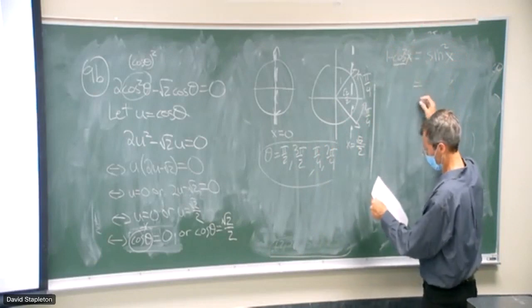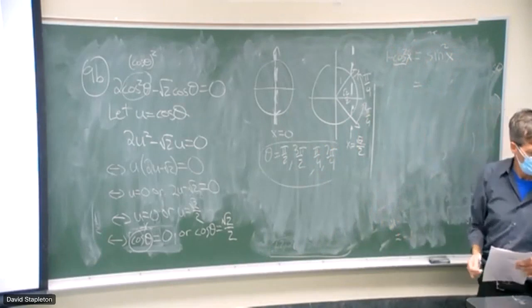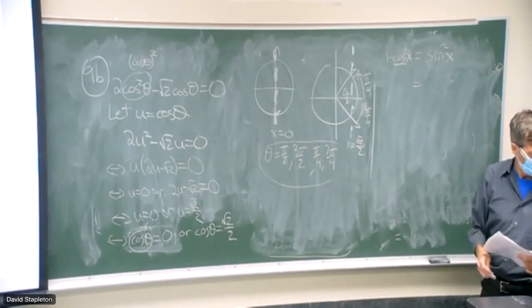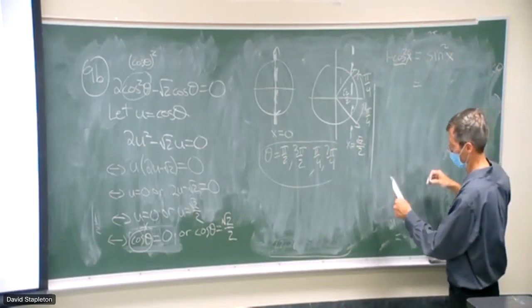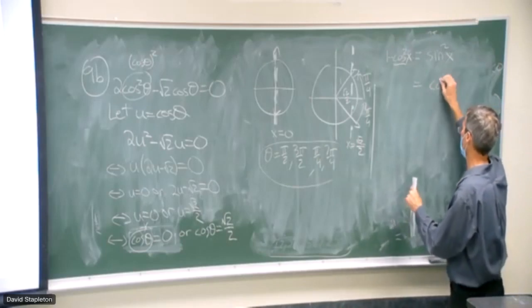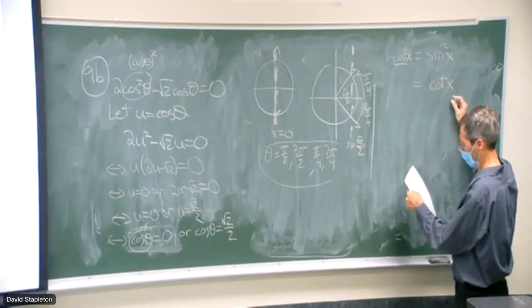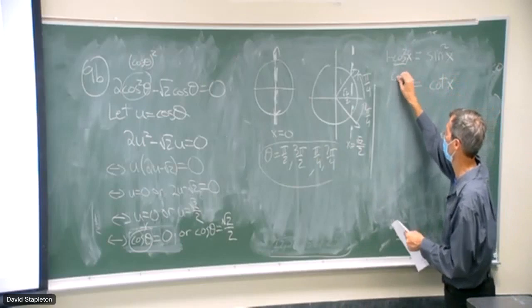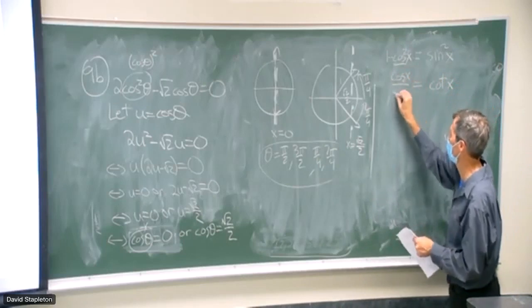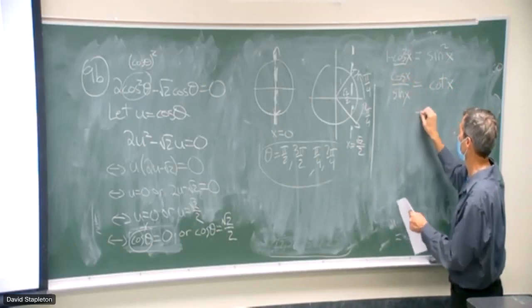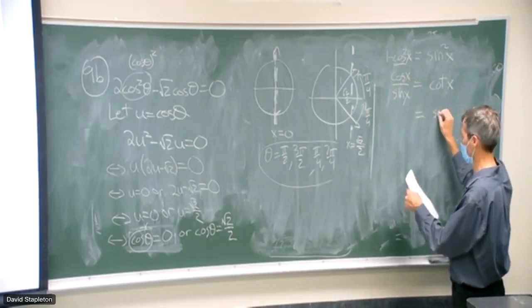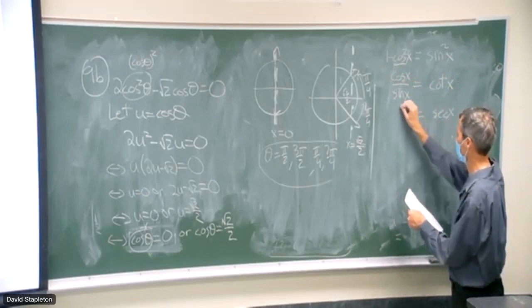I think most of you got most of these right. If you want another expression for cotangent x, it was b, cosine x over sine x. So that's checking your quotient identity. Another expression for secant x was j, 1 over cosine x.